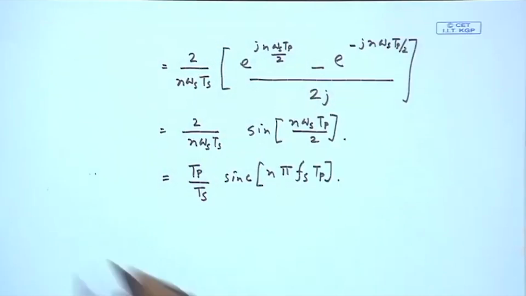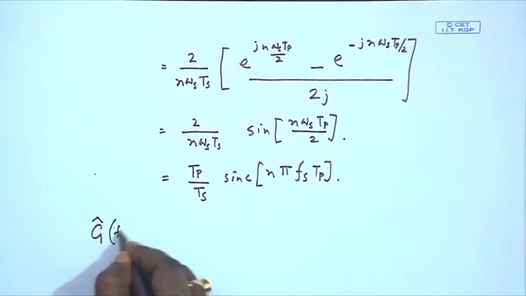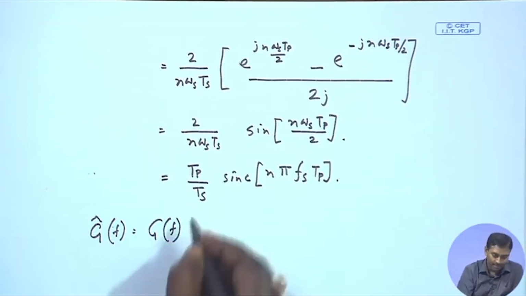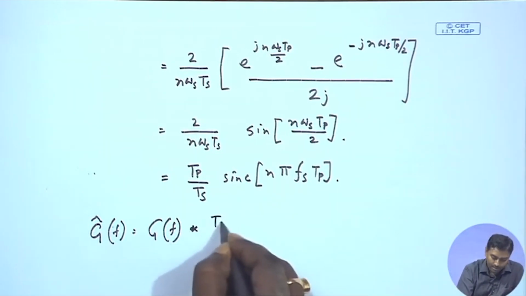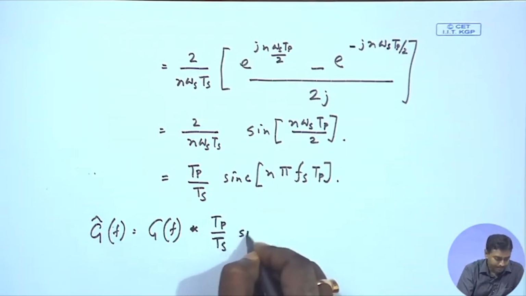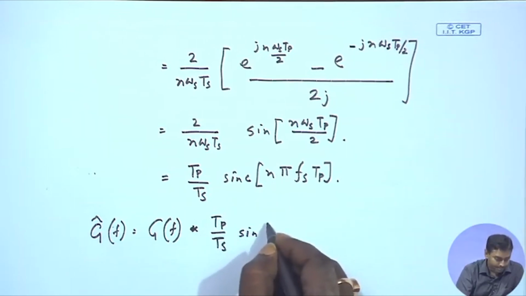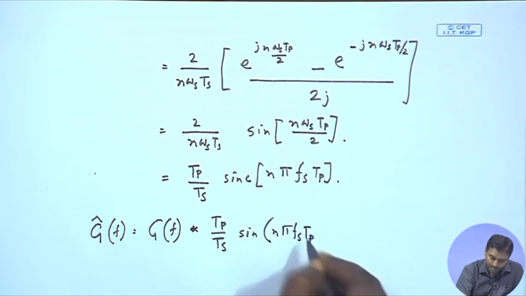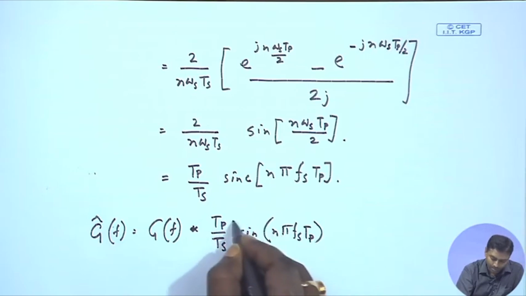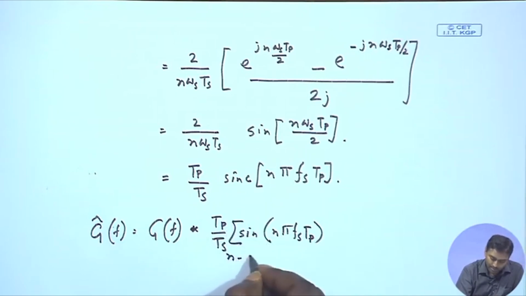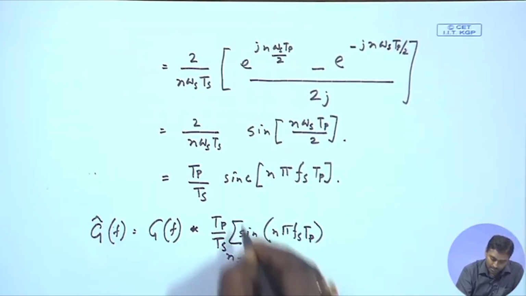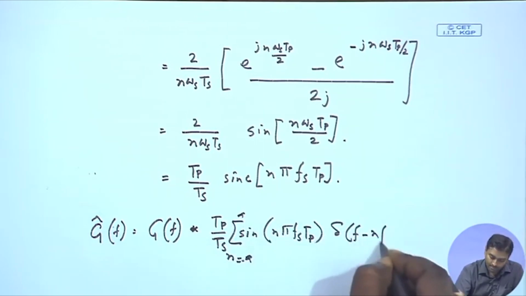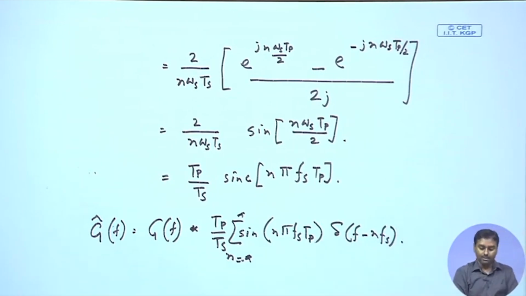If I represent that as G tilde(f), it must be G(f), which is the original message signal, convolved with T_p by T_s times the sum over n from minus infinity to plus infinity of sinc(n pi f_s T_p), and I have a delta at every corresponding f_s, right.